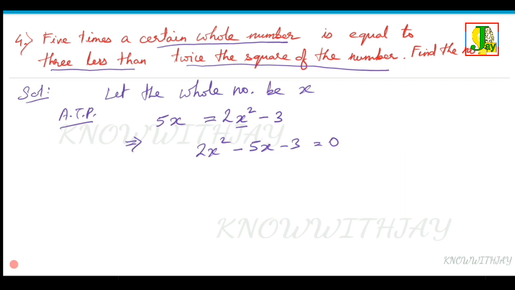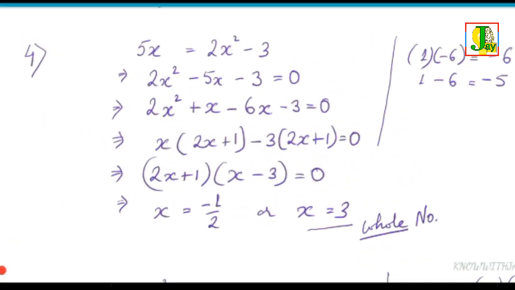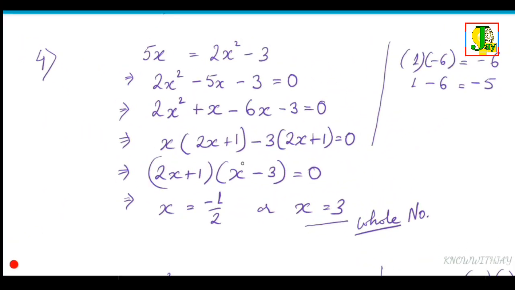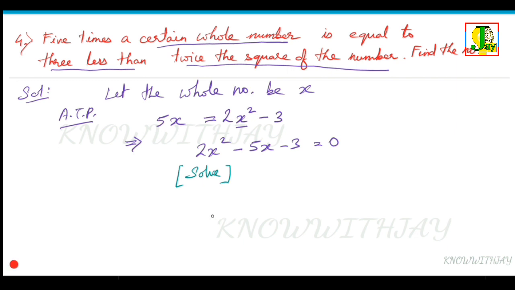The next part is to solve it. This is how you solve it, and you get x equals minus half and x equals 3. Okay, so after solving it, we get x equals minus half or x equals 3.